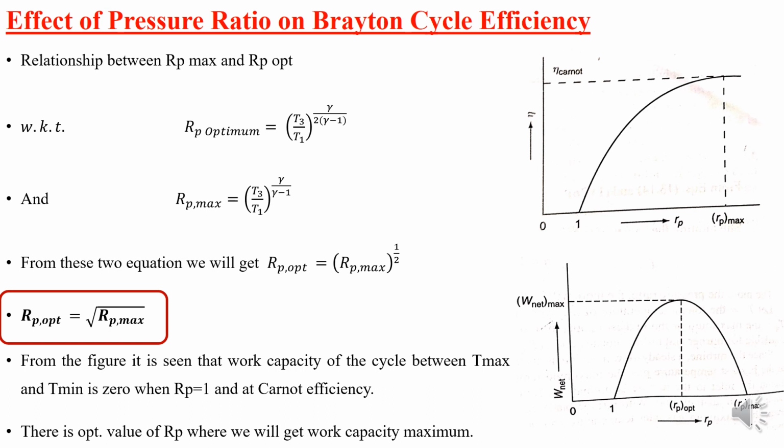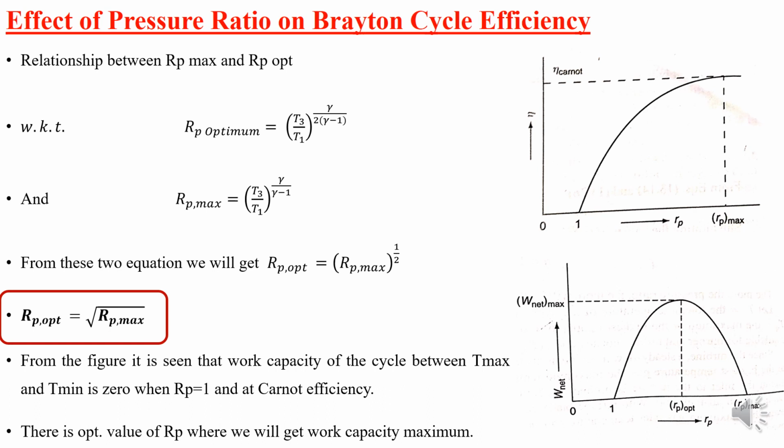The three methods are intercooling, reheating, and regenerator. We will go through these three methods, then the combinations: intercooling with reheat, intercooling with regenerator, or a combination of intercooling, reheat, and regenerator. Depending upon the combination, you can increase the Brayton cycle efficiency.